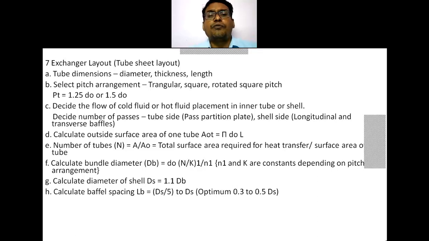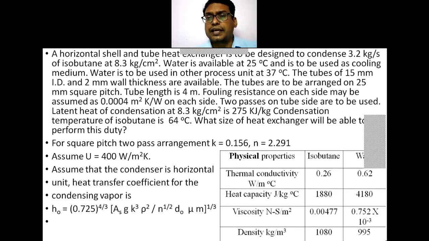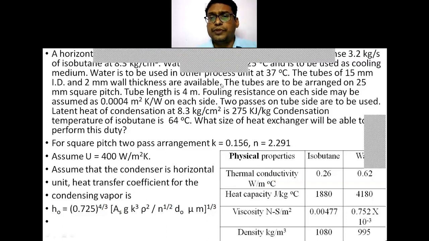Then decide the placement of the cold fluid or the hot fluid, in the inner tube or on the shell side. Also define the number of passes on the tube side and the shell side. What is mentioned in this numerical is two passes on the tube side, and generally the condensation is outside the tubes.